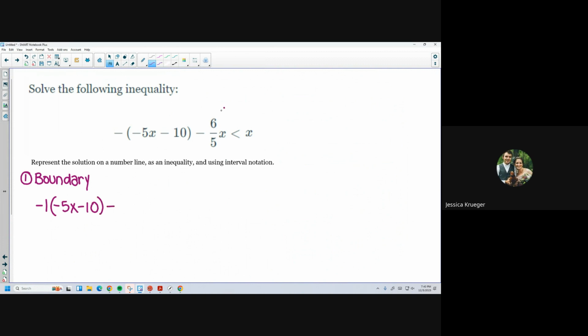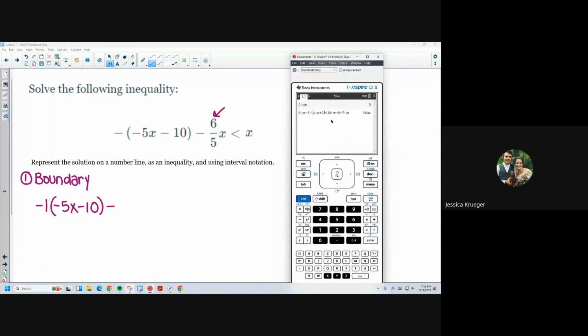Now, I would like to turn this into a decimal, so I'm going to grab my calculator. If you hit Control Divide, you'll get a fraction. And I'm going to put in 6/5. And if I hit Enter, I get something very unhelpful, which is the same fraction back. So what I would like you to do is hit your up arrow, select 6/5 and hit Enter.